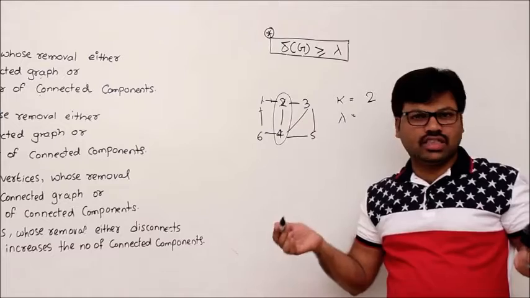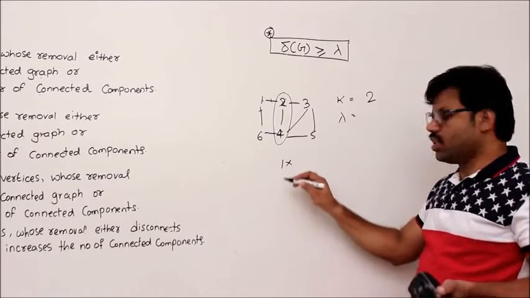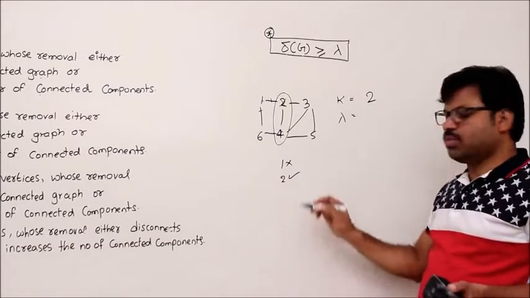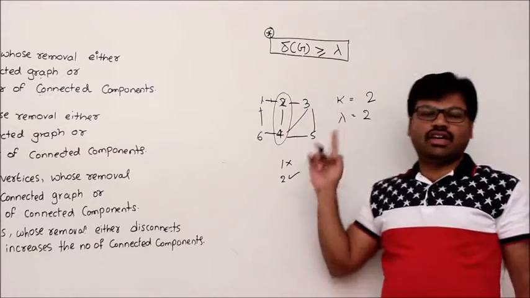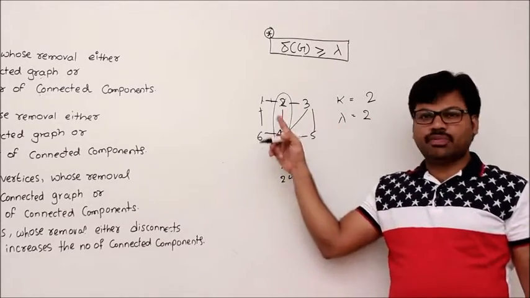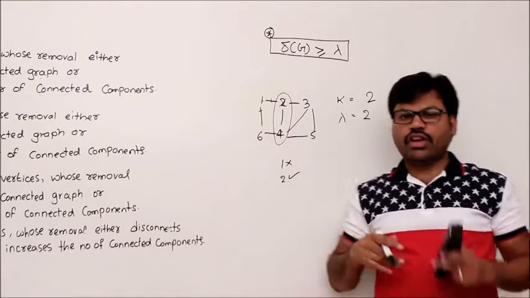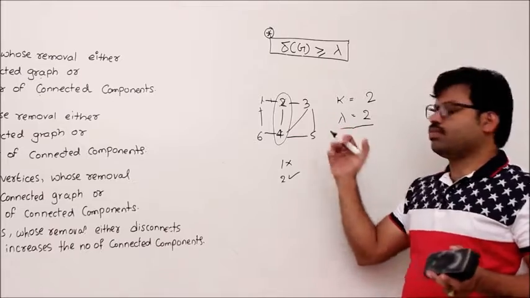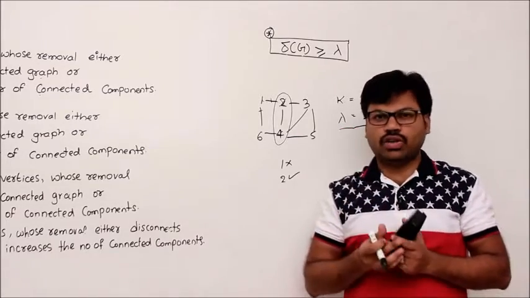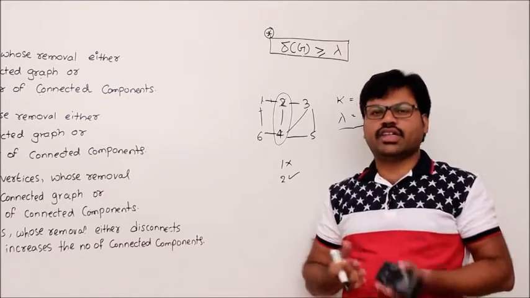With 2 it is always possible, with 1 it was not possible, so the minimum number will be 2. In that way we can use the minimum degree concept to decide that the minimum number of edges required to disconnect this graph is 2. So lambda is 2. This is the story about the edge connectivity number and vertex connectivity number.